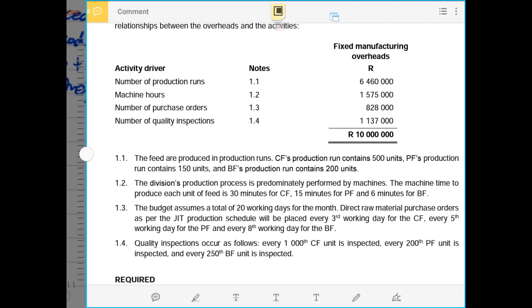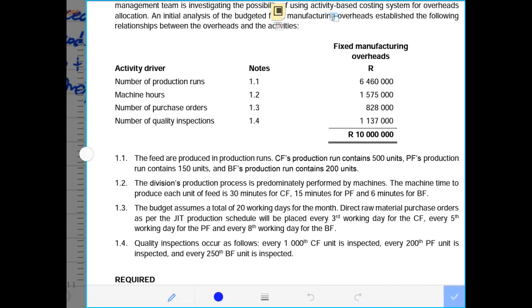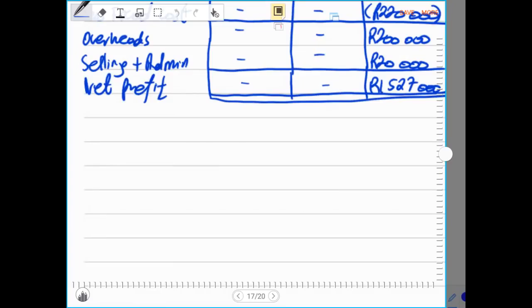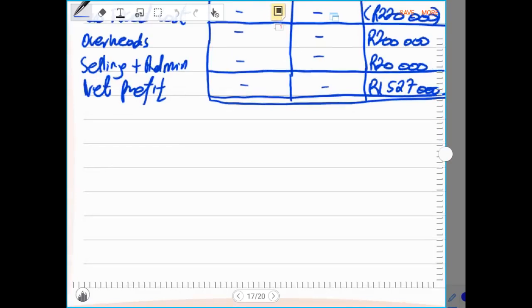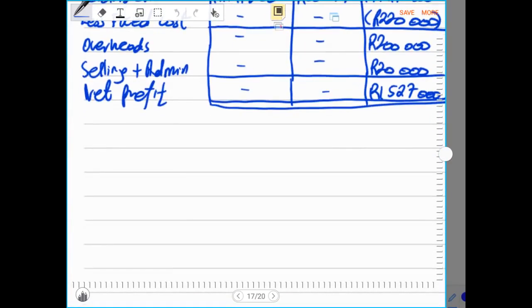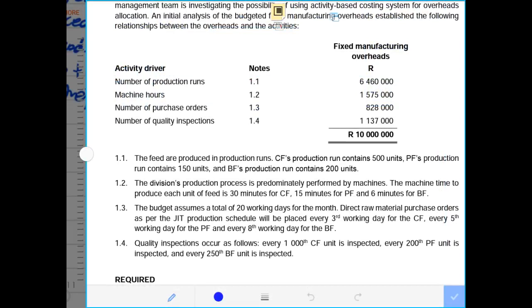So now they say under 1.1, we take note we only have 4 cost drivers or activity drivers. Meaning I will just be doing that where we have 3 products. I just want to ensure the names of the products.